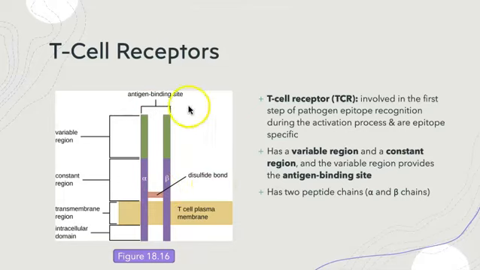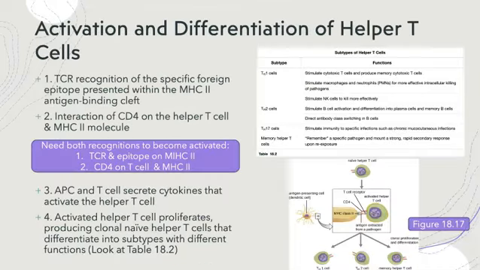Now this TCR is going to come from the same family as our IgD and IgM, so they do have similarities, as I'm sure you can see here, and therefore will have similar processes. So we do have that genetic rearrangement that could take place over here to make sure that we have unique epitope binding TCRs. Let's walk through how we're going to activate and differentiate the helper T cells.